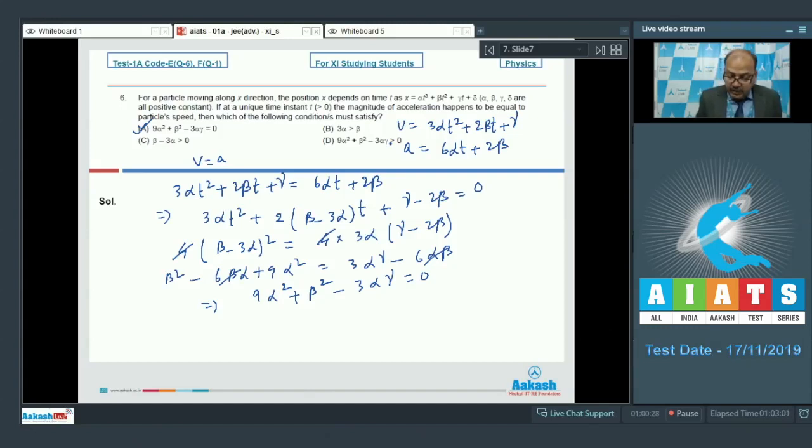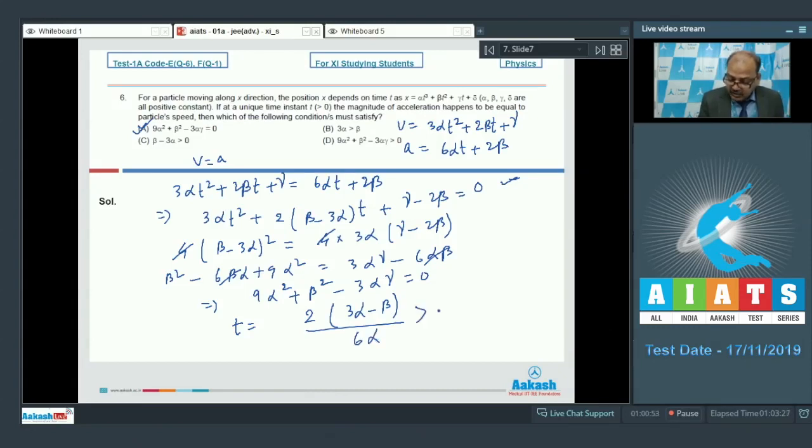And the value of t turns out to be, since the discriminant is 0, then solving this quadratic equation again, we get t equal to 2 times (3 alpha minus beta) by 6 alpha.